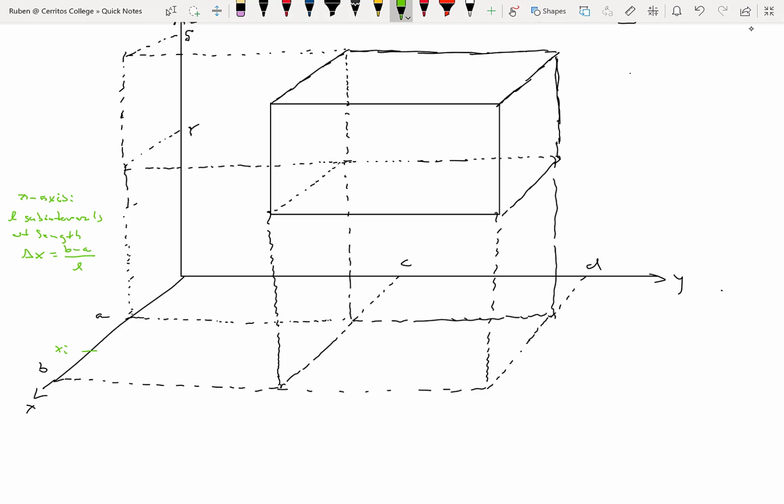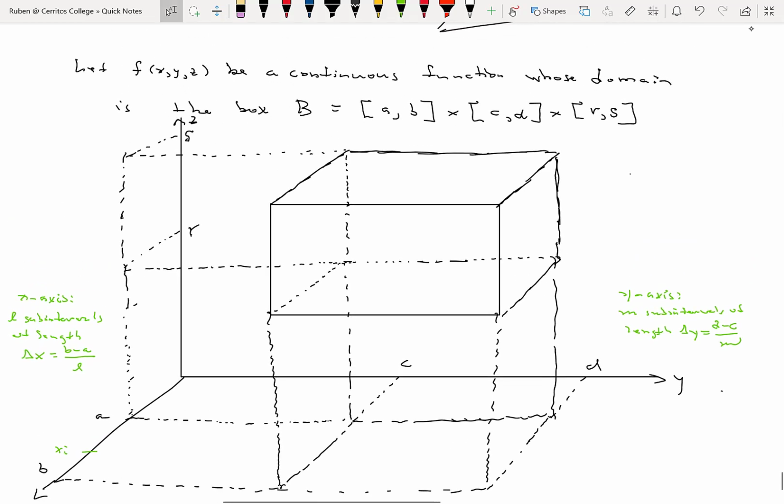Along the y-axis, we'll do the same thing. We'll divide into m, as in Mary, subintervals of length delta y, the length of the entire interval, d minus c, over m.